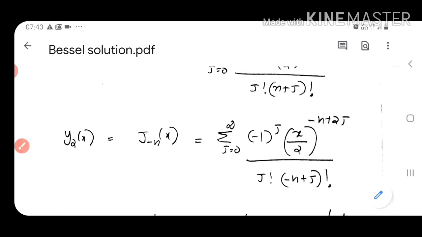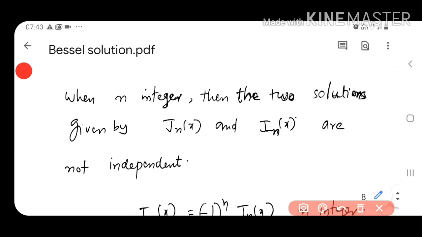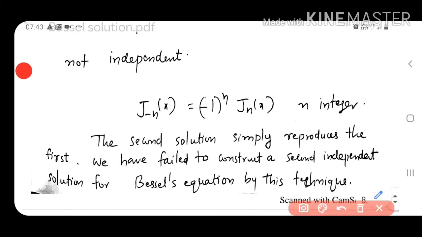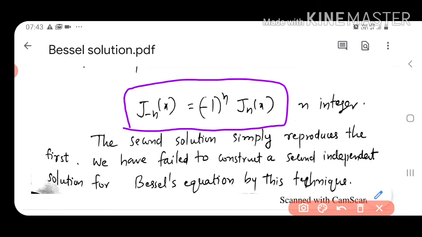Now the problem is they are not independent. The two solutions are not independent, because we know that J minus n of x is equal to minus 1 to the power n times Jn of x. This we have already proved when n is an integer. So the second solution simply reproduces the first.